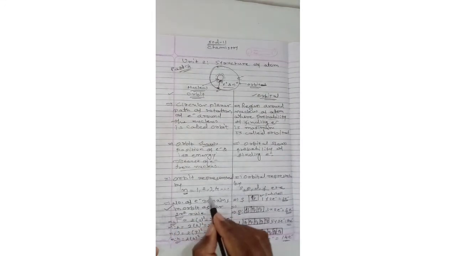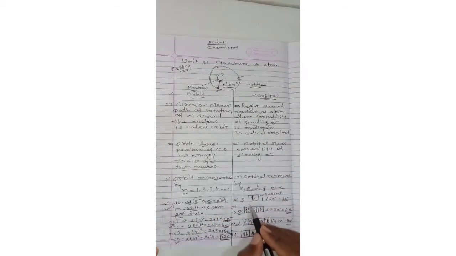This is very important data for the electronic configuration of an atom. So don't forget the number of electrons in an orbit and in s, p, d and f orbitals. In the s orbital a maximum of 2 electrons, for p a maximum of 6, for d a maximum of 10, and for f a maximum of 14 electrons.